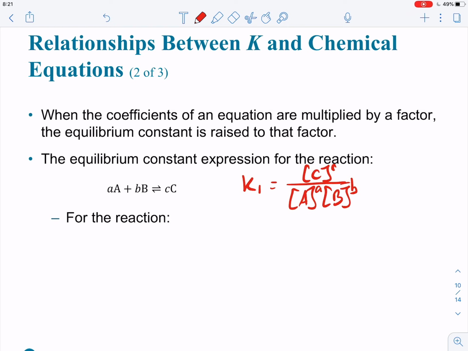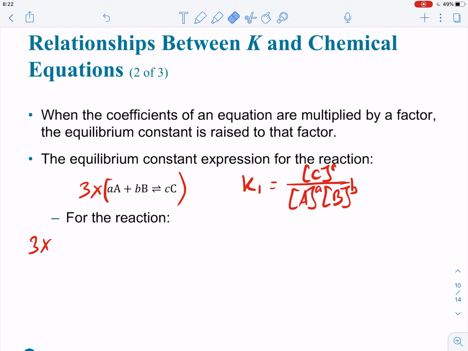That is the equation that we have there. So what if we do times 3? So now your reaction will look like 3 times your reaction, right?